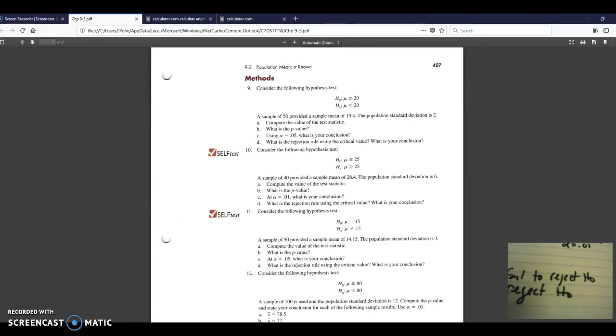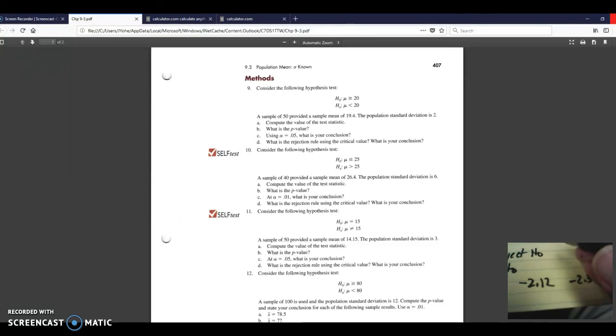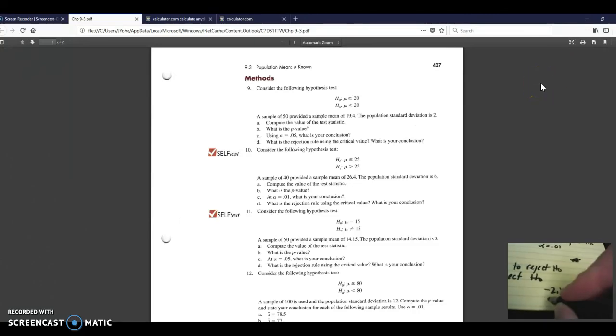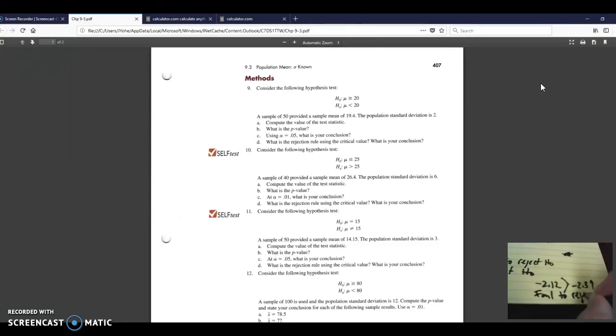Our critical z is negative 2.39. Our calculated z was negative 2.12. That is greater than, it's less negative than negative 2.39. Therefore, we would fail to reject.